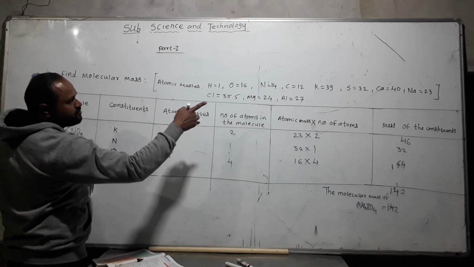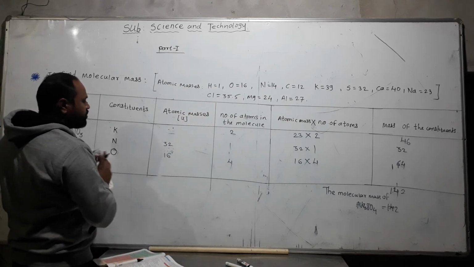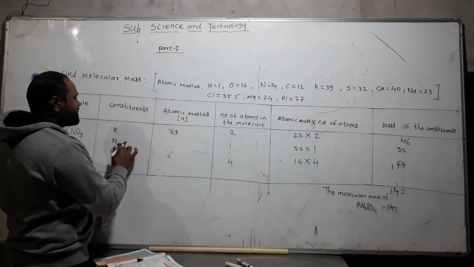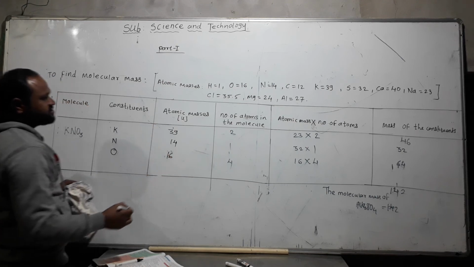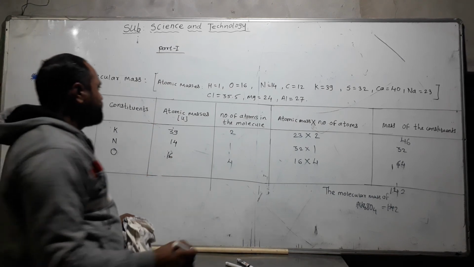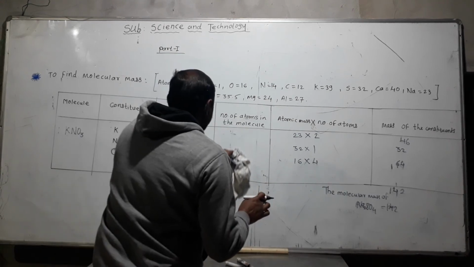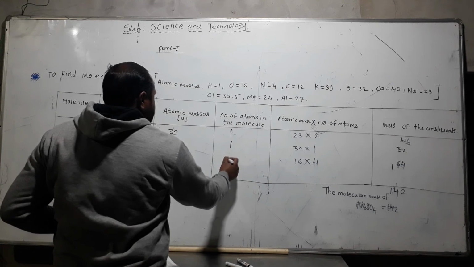The atomic mass of potassium K is 39. Nitrogen is 14. Then oxygen is 16. Now the number of atoms: K is 1, N is 1, and oxygen is 3.